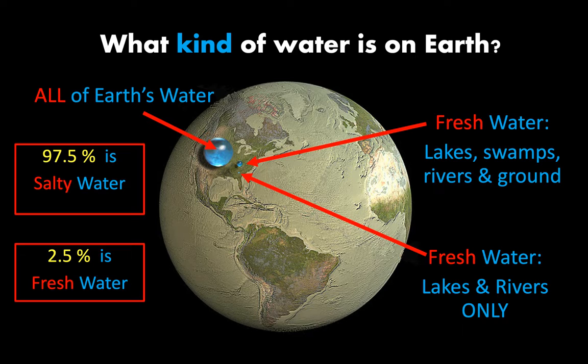That is the freshwater that we have easy access to. So although we call Earth the water planet, and water is so much a part of our survival, there's not a whole lot of fresh water that is readily and easily available to us on Earth's surface.